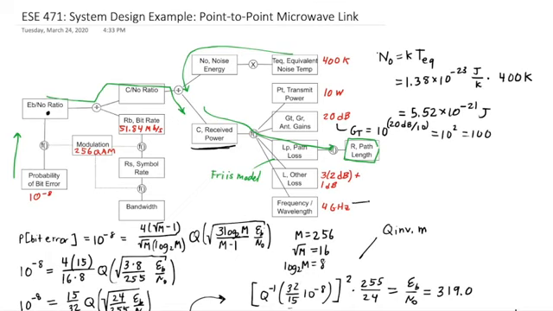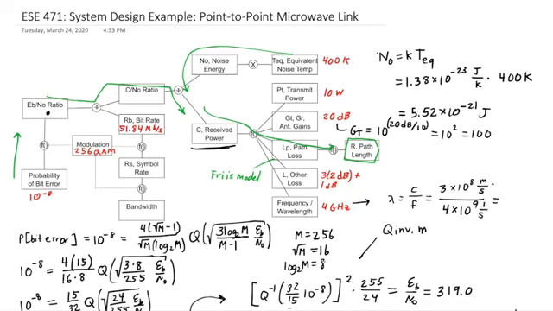So I'm going to go back up here and I want to say that my wavelength is equal to the speed of light divided by the frequency. Speed of light is 3 times 10 to the 8th meters per second. Frequency is 4 gigahertz, so 4 times 10 to the 9th, 1 over second.